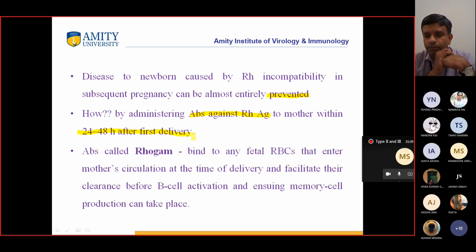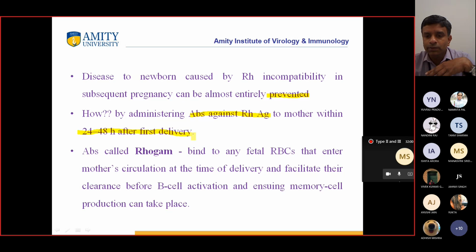So what you need to do is, as soon as the baby is delivered, you give an injection of anti-RH antibodies. What will happen?